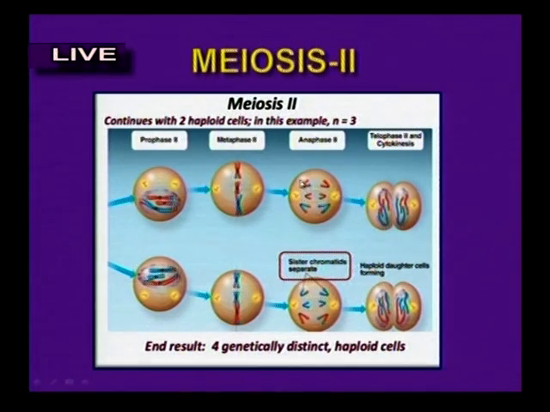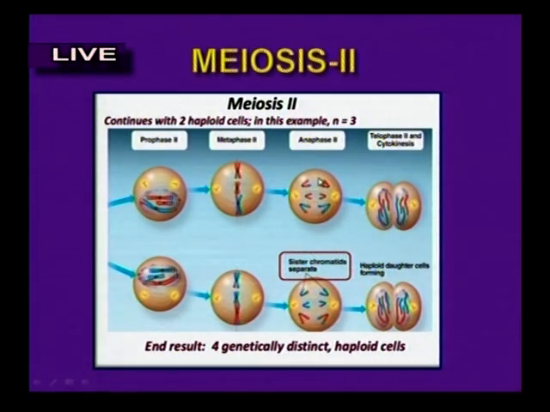What is the next one, friends? Yes, you are right, the next one is metaphase 2. Observe here, friends, they are arranged in the same line, and the microtubules are attached to the kinetochore. This is metaphase 2.